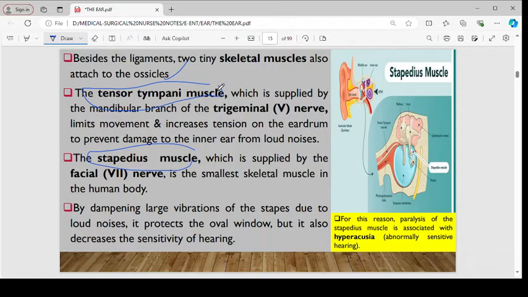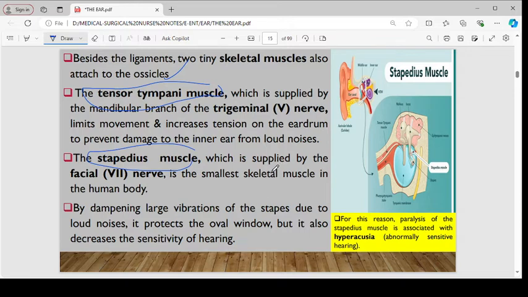And it limits movement and increases tension of the eardrum to prevent damage to the inner ear from loud noises. The stapedius muscle, which is supplied by the facial nerve, cranial nerve 7, is the smallest skeletal muscle in the body.